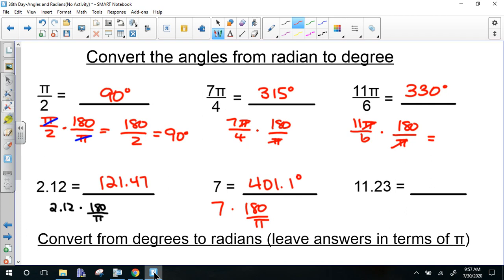So how many radians are in a full circle? 6.28. So 7 goes a little bit past a full revolution around the circle. So it's going to be more than 360 degrees.